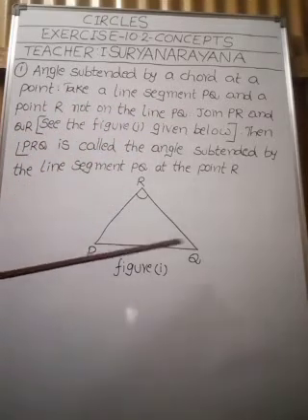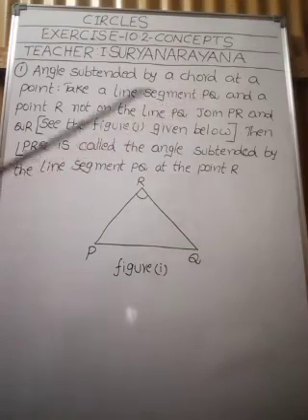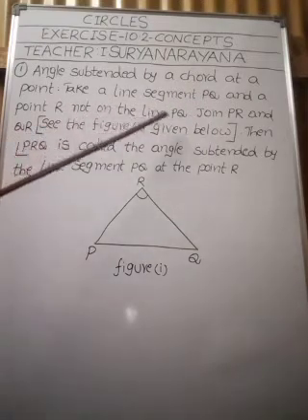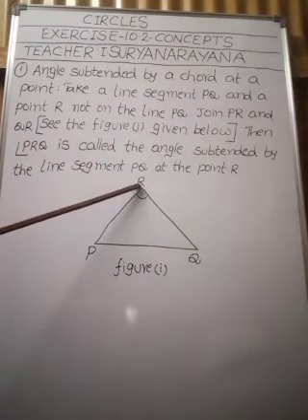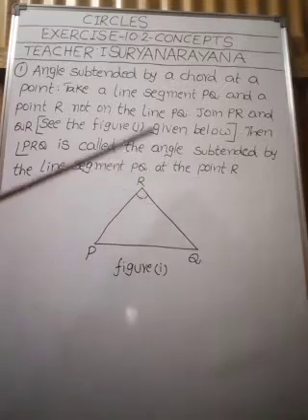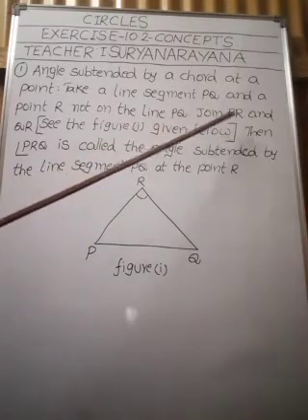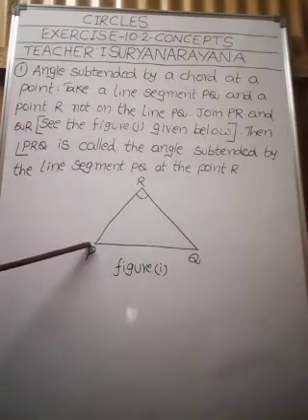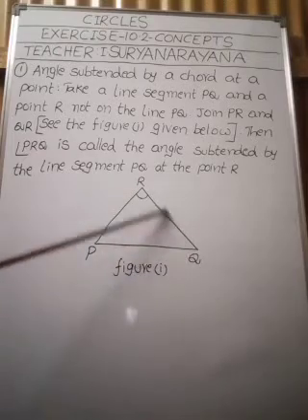Here we have taken a line segment PQ and a point R not lying on the line segment PQ. Understood this point, my children? Right. Join PR and QR.